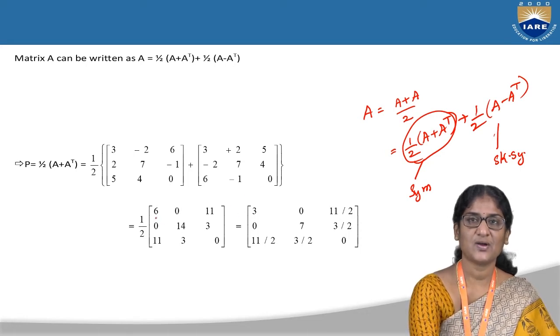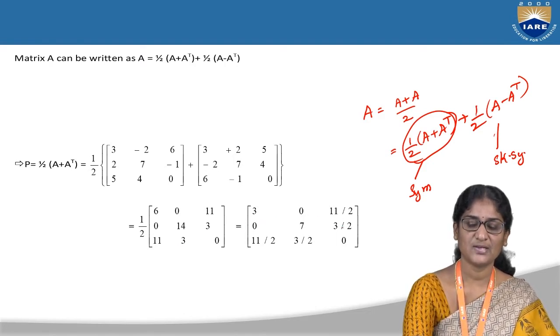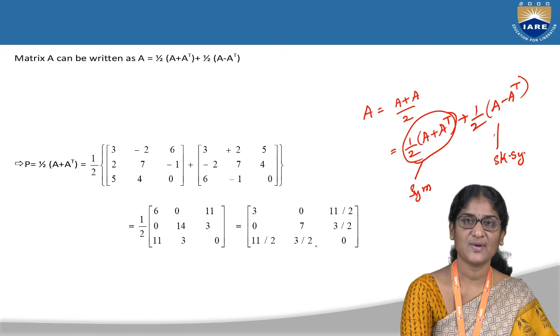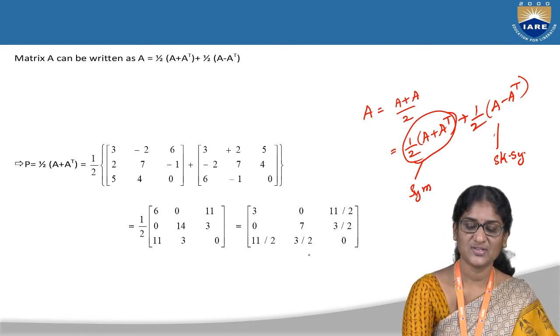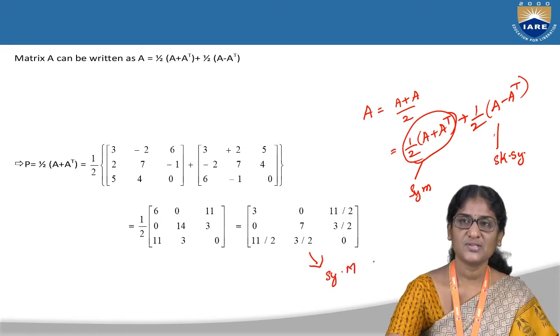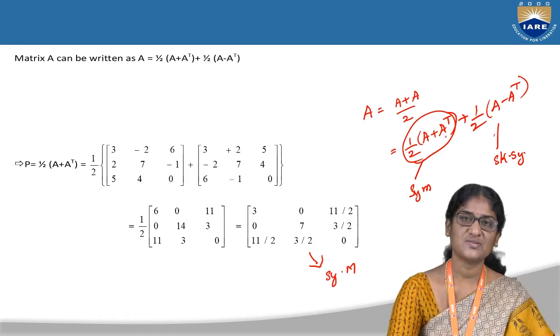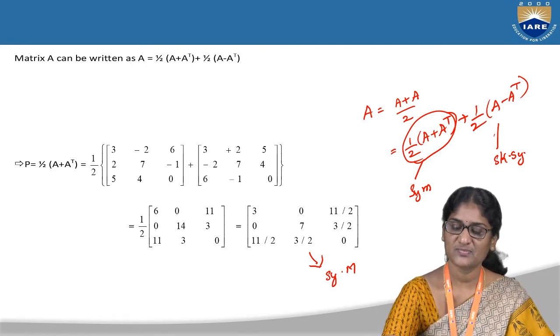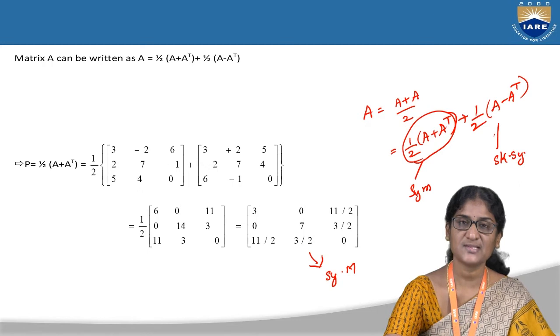Adding this, we get 6, 0, 11; 0, 14, 3; 11, 3, 0, divided by 2, which is nothing but 3, 0, 11 by 2; 0, 7, 3 by 2; 11 by 2, 3 by 2, 0, which we call a symmetric matrix. So this is a technique for finding the symmetric matrix when a square matrix is given.